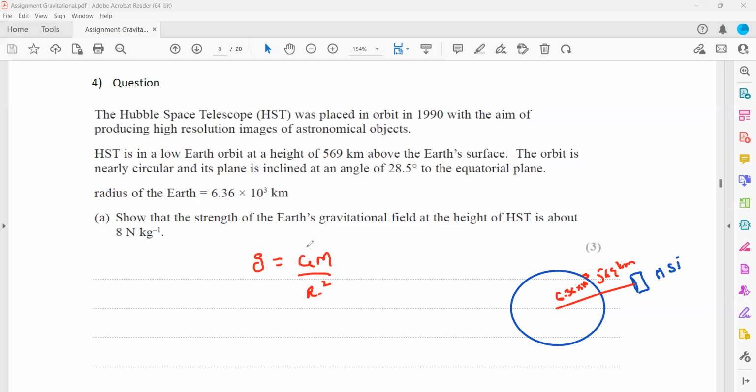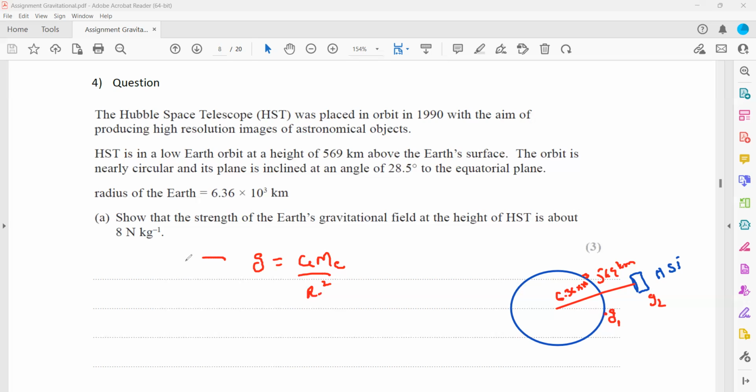That is, G, the mass of Earth, and the distance between the object and the center of the planet, that is R square. This is a formula which relates the value of the gravity. So what we will do first, we'll write an expression for gravity on the surface, and then we'll write an expression for gravity at the space telescope, and then we compare the two equations.